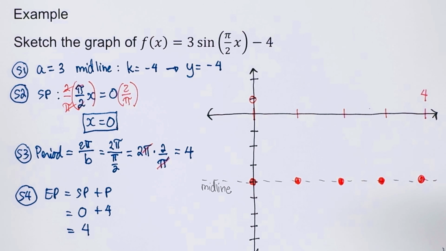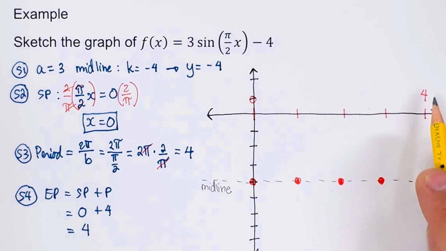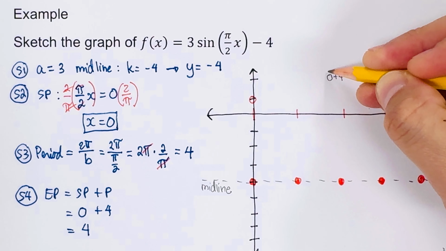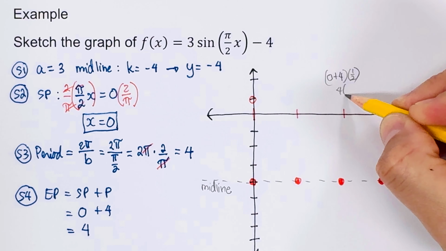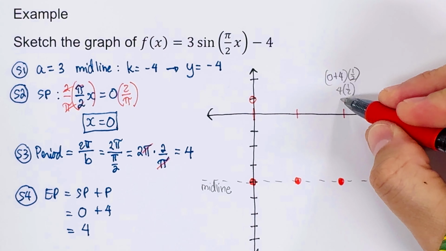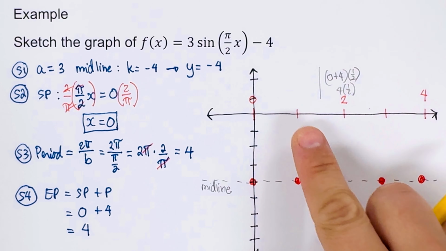To do this, to get the middle, we're going to add these two. So that would be 0 plus 4 times 1/2, which in this case, 4 times 1/2 is 2. So this value right here is 2. And then we're going to get the middle of this one as well.